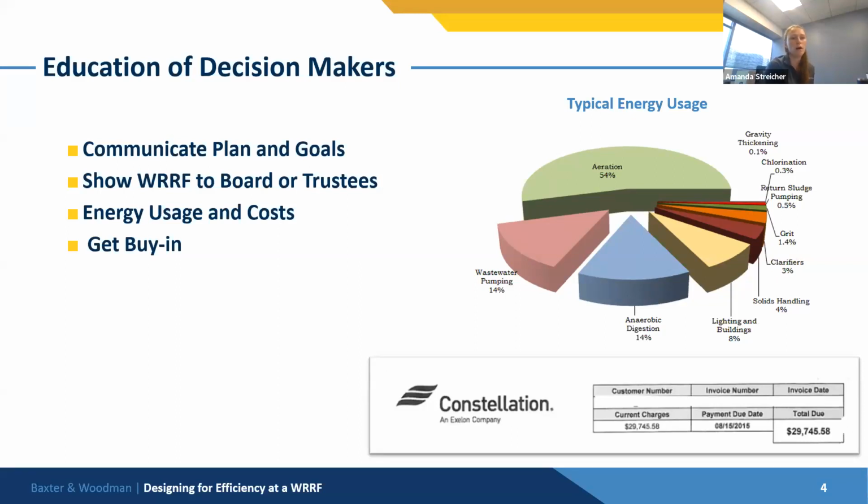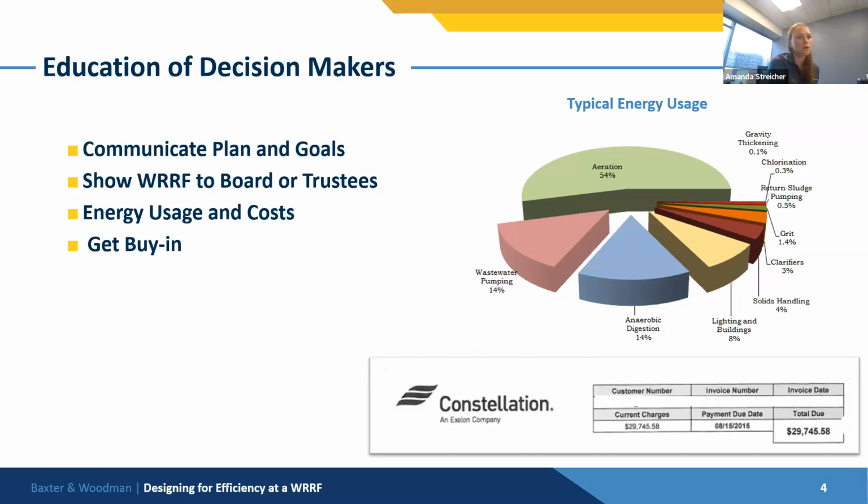So understanding where all of your energy goes in your treatment plant, and then making sure some of the decision makers understand that as well. So when you're proposing capital improvements and you may select a larger capital cost over maybe something that isn't quite as expensive but has a better energy efficiency rating, showing and proving to them that you can reduce some of your operation and maintenance costs with a little bit higher of a capital cost, and getting their buy-in and support through that is really important as well.